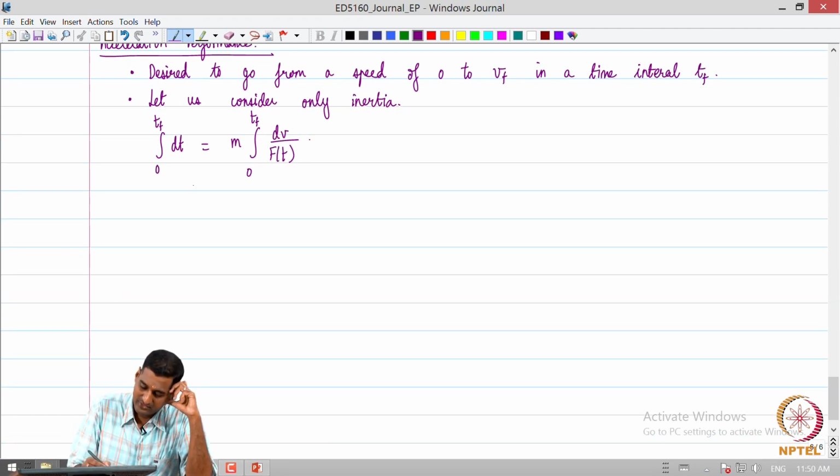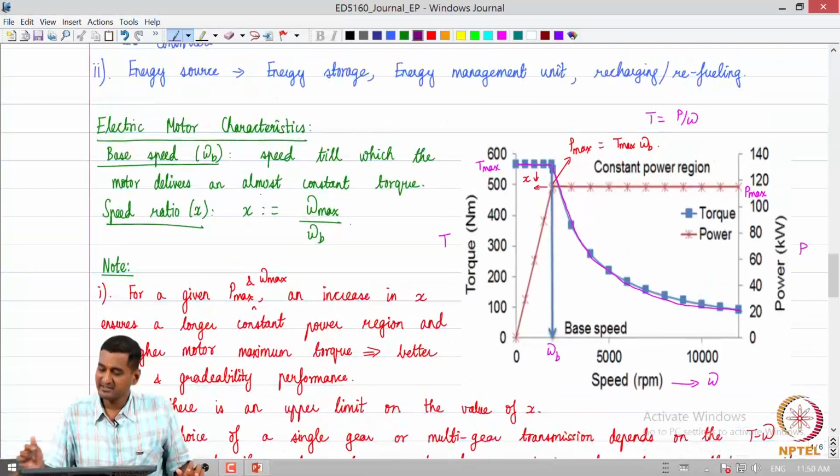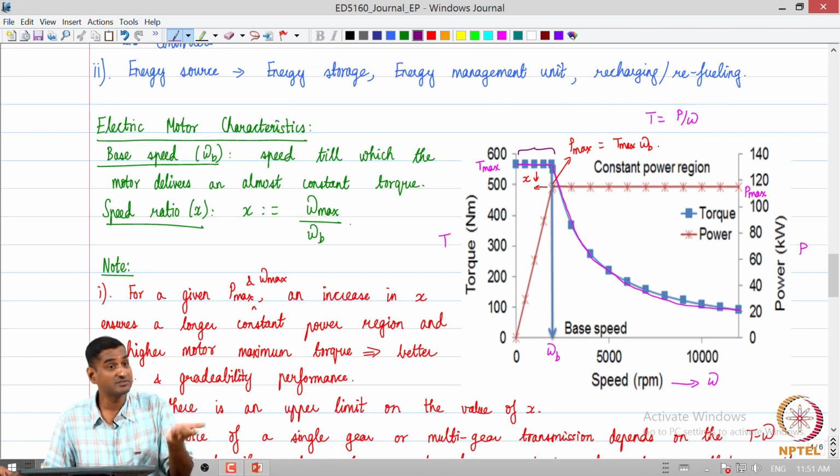If we integrate this equation, we will get Tf on the left hand side, then we will have m. This we are going to split into two regions. This force or torque is going to remain constant in the base speed region, then it is going to fall hyperbolically, and there it will become a function of speed.